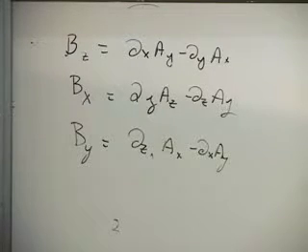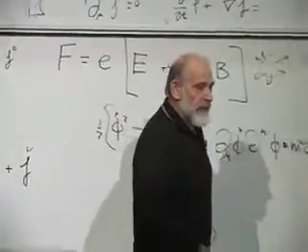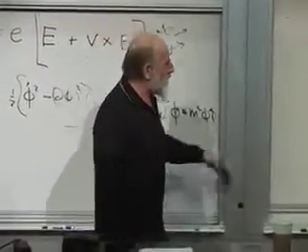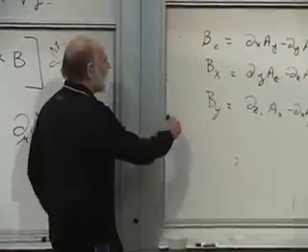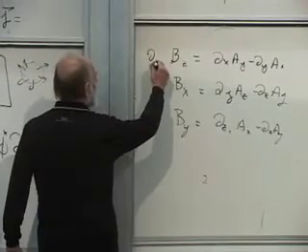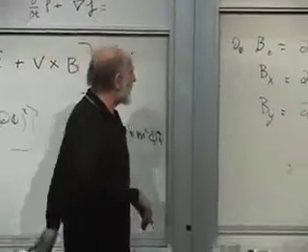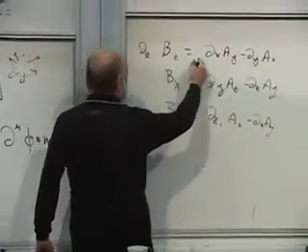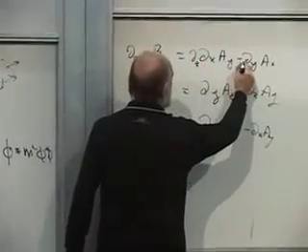Okay, now let's check whether del dot B is equal to 0. Well, why should it be equal to 0? I've made no assumption about the way A is varying. Let's check it anyway. That means we have to differentiate this with respect to z, another derivative with respect to z here.